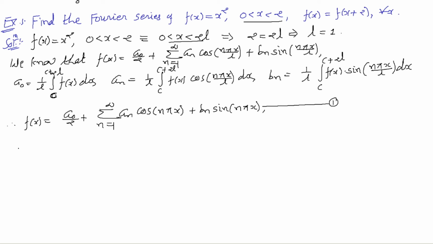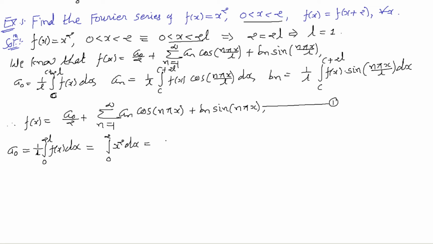where a0 is this. What is a0? L equal to 1. So this is integration 0 to 2L f of x dx. Should I write 1 upon 1 here for more clarification? L equal to 1. So this is 1 upon 1, integral 0 to 2, f of x is x square, dx.